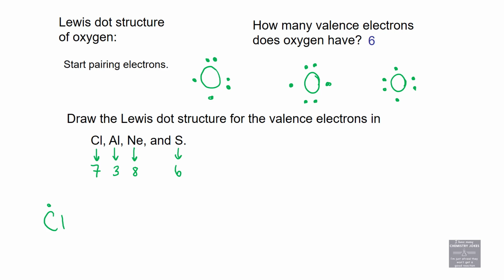So chlorine, 1, 2, 3, 4, 5, 6, 7. Aluminum, 1, 2, 3, done. Neon, 1, 2, 3, 4, 5, 6, 7, 8. All right. Sulfur, 1, 2, 3, 4, 5, 6. It's that easy. Draw Lewis dot structures.